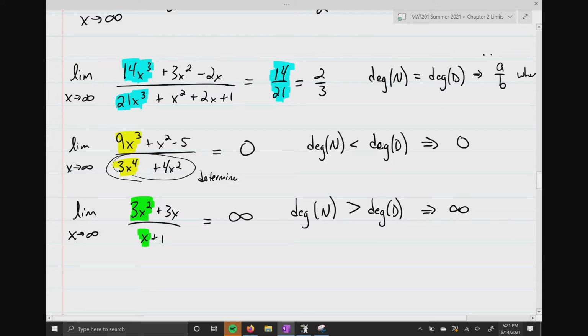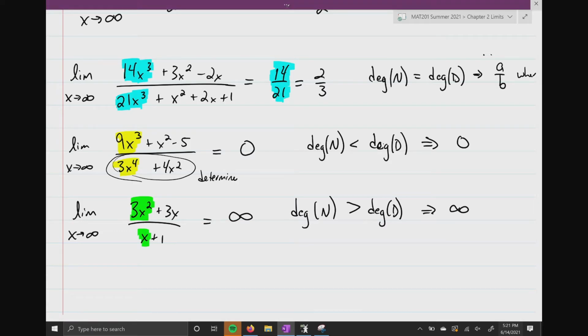And it's because x to the second beats x to the first every single time. Okay? Now, I do want to do one more example, because this last example, we do have to be a little bit careful about. It's just one of those things where you got to pay attention to what's happening.